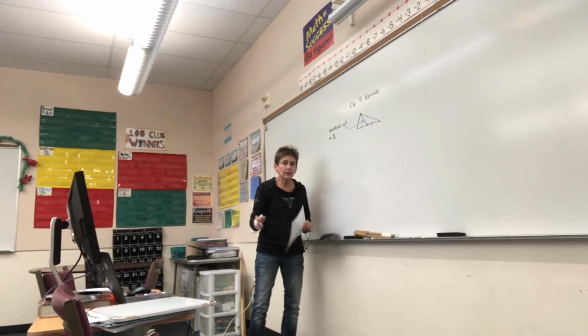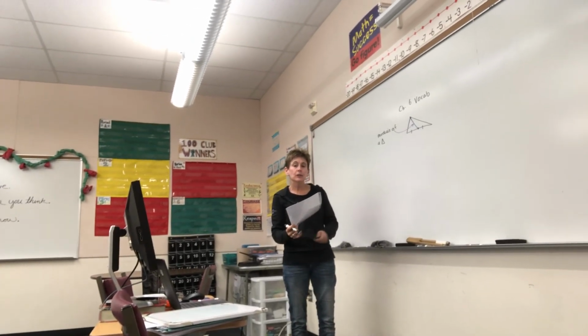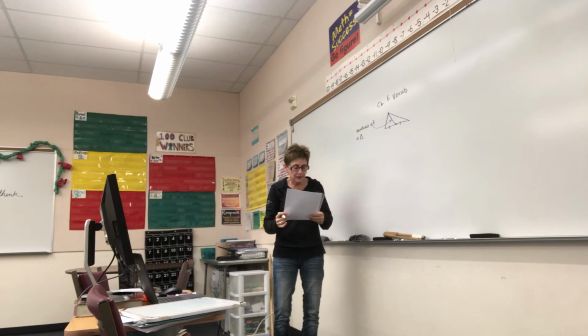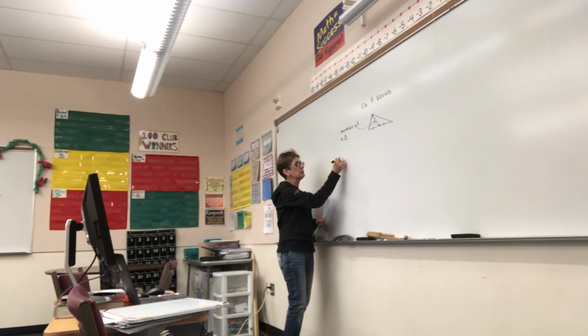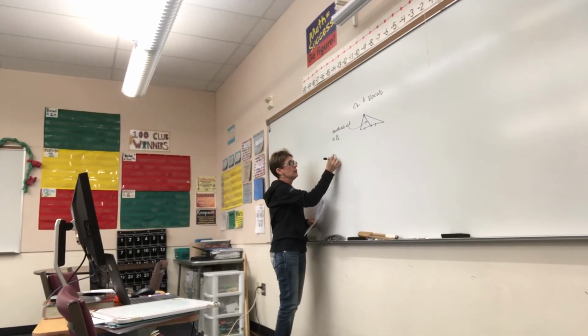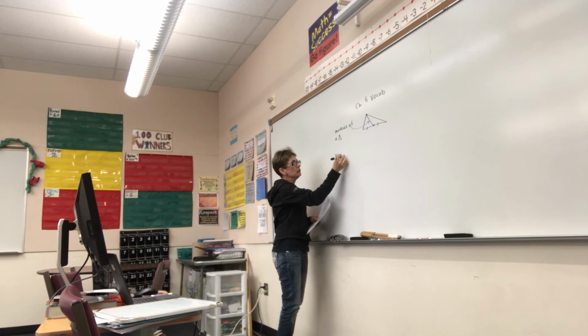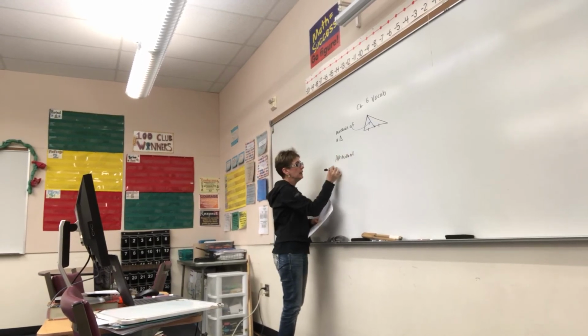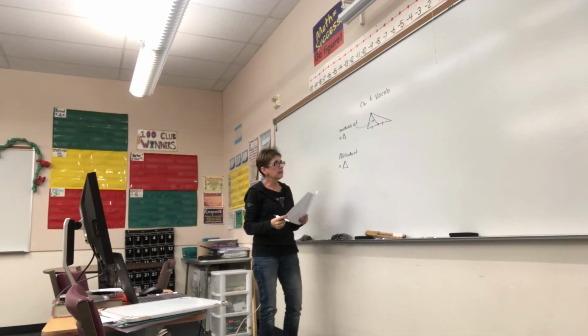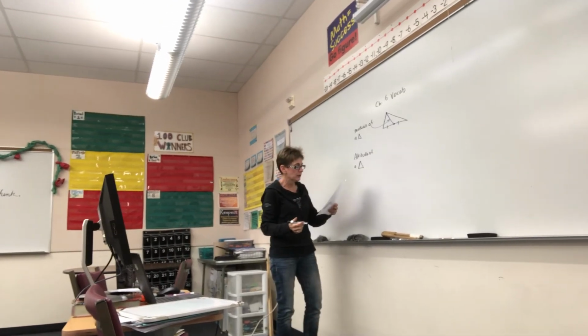Okay, now the last vocabulary word, altitude of a triangle, we need to leave a little bit more space for, because we need to put 3 different examples. So we're going to write altitude of a triangle. And then I'd like you to draw 3 types of triangles.